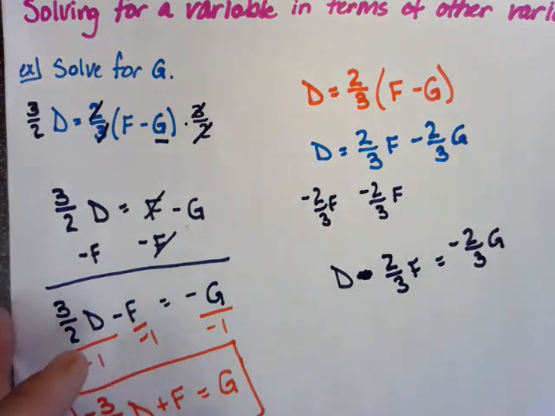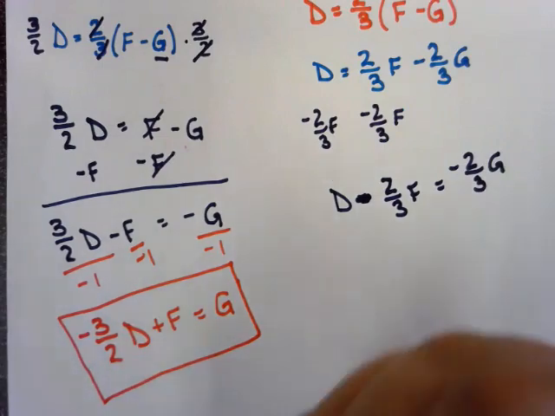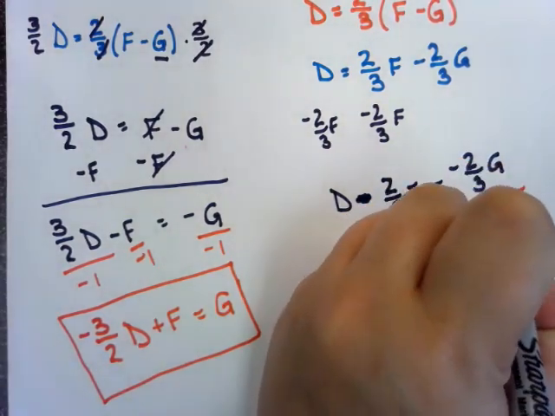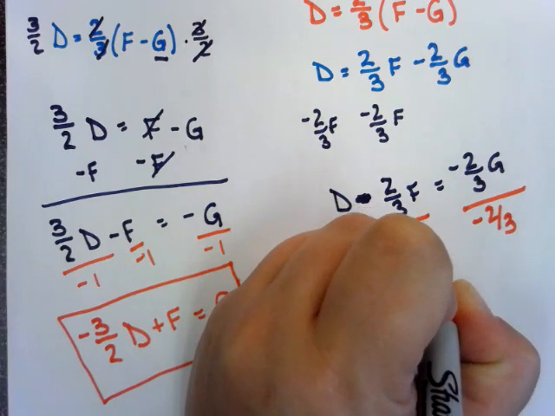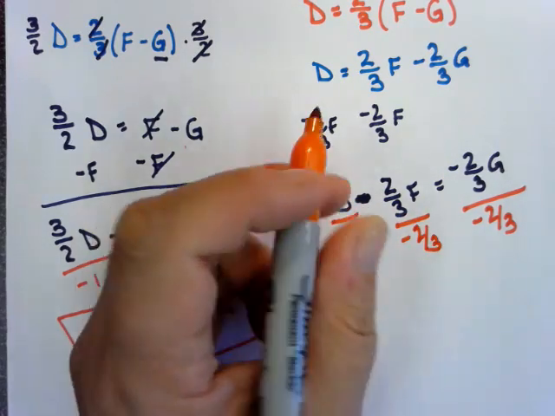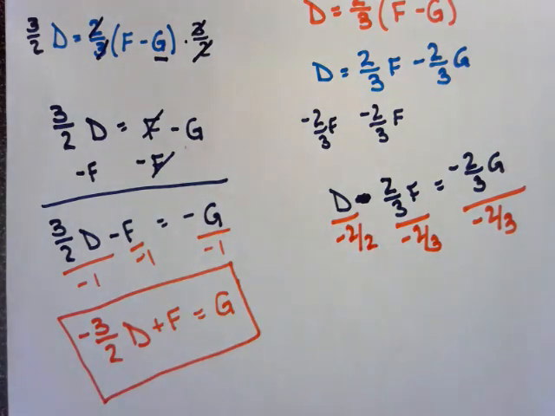Now, I don't have g by itself, so that means that I have to divide everything by the negative 2/3, and everything gets it. I don't do single ones because I tend to forget that everything is getting divided by.